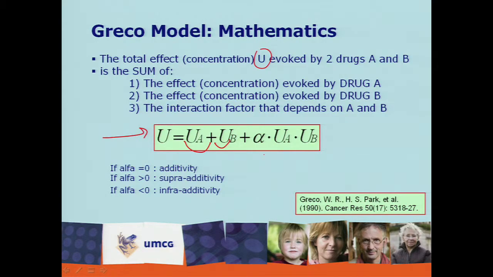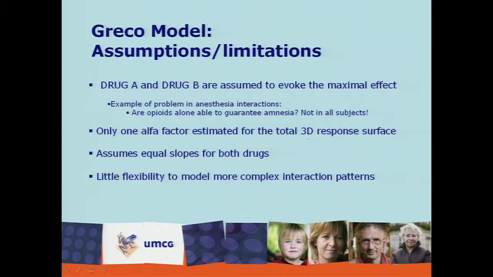If there is no additional effect, then your alpha term will be 0, and then, of course, you have just an additivity. If it's something different than 0, you will have a superadditivity or an infraadditivity. This is the classical Greco model.